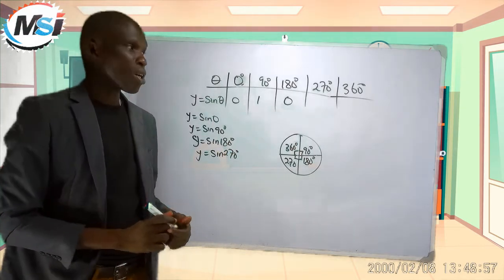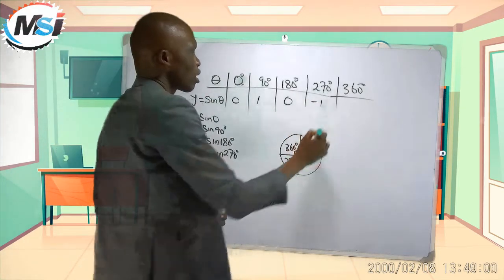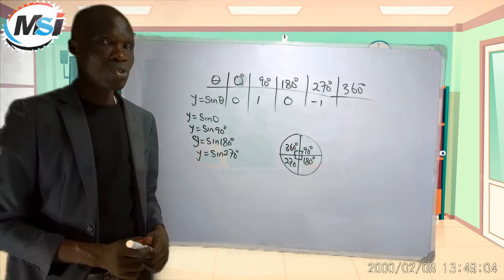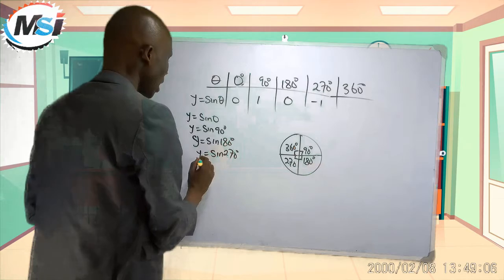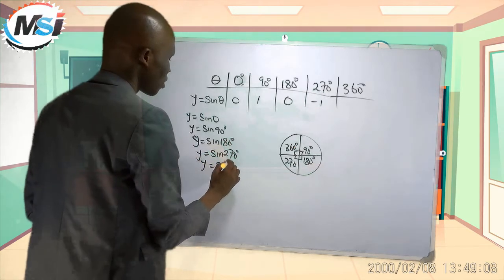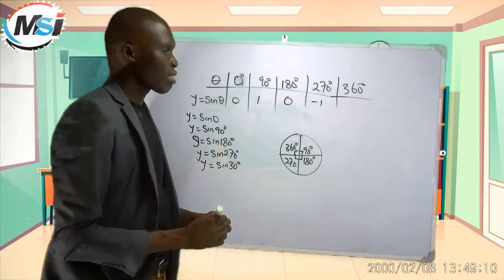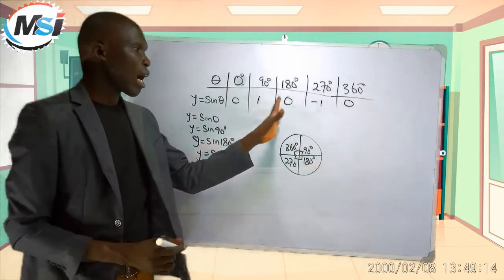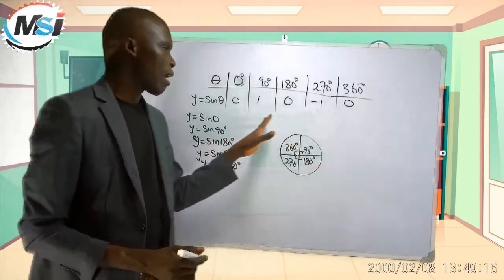When you press your calculator, it's going to give you -1. Now y will give us sine 360 degrees, which will give us 0. So that is how we have this table.